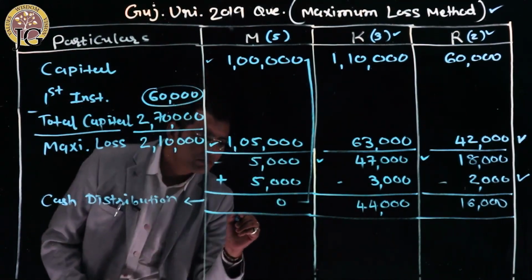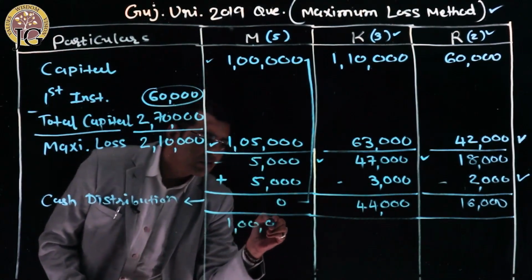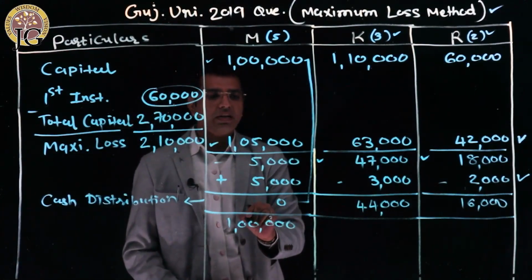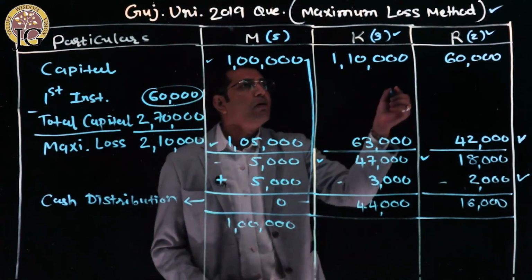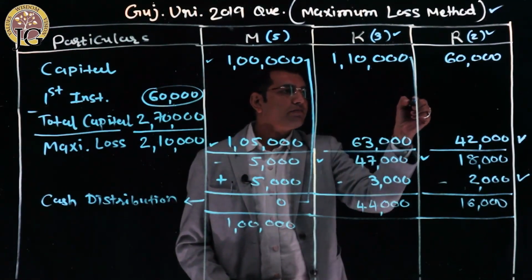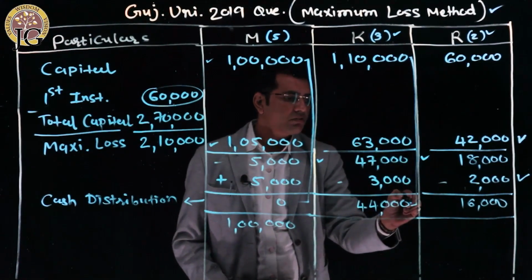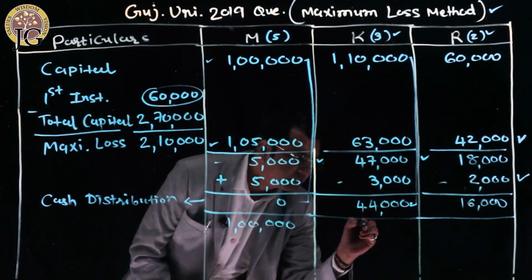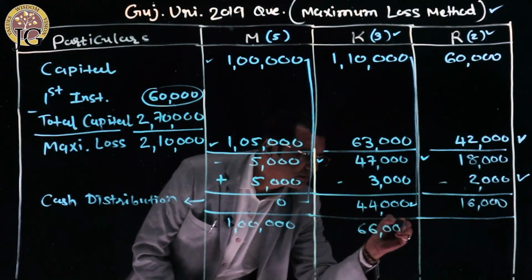1 lakh minus 0. That means M has a balance left over of 1 lakh because M will get nothing. K will get 44,000 rupees, so 1,10,000 minus 44,000 is 66,000.